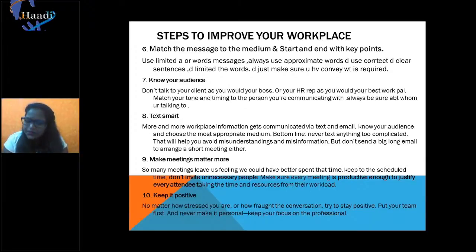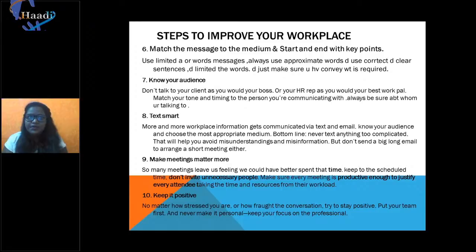That is very important. Starting and ending with the key points will help you remember what you have already spoken and what you want to speak later. It helps you convey your messages in a very good form, and helps the other person understand exactly.